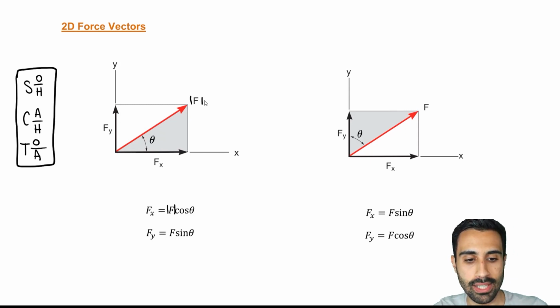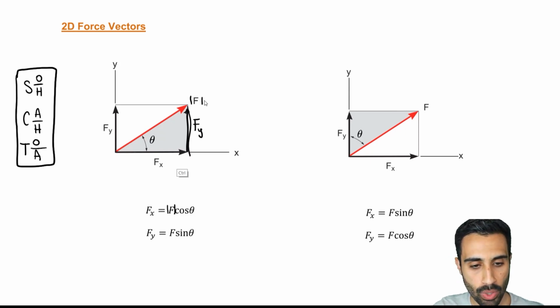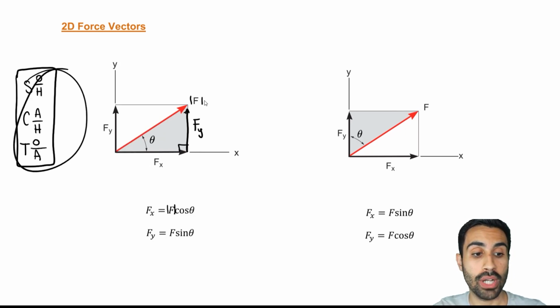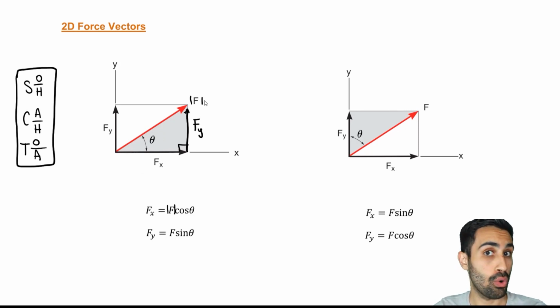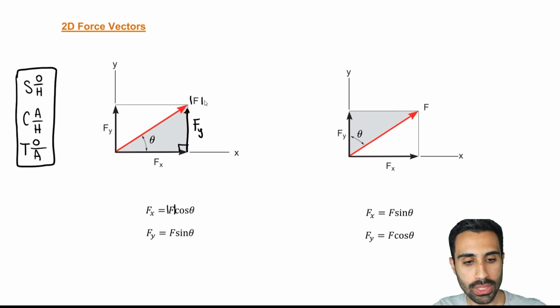So what I'm going to do is take the Fy and move it here. And now when we do that, notice something. Notice Fy, Fx, and this side, and that gives me a triangle. It's a right triangle. And for right triangles, we can apply SOHCAHTOA. So now, with respect to the angle, always with respect to the angle, notice that Fy is going to be what?